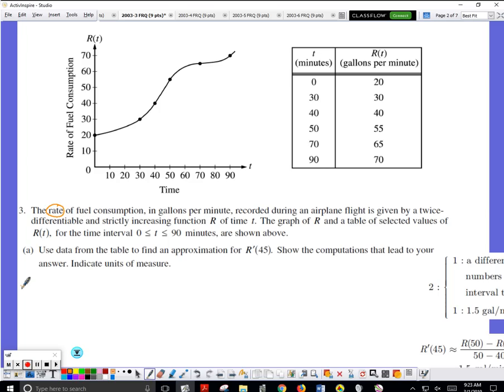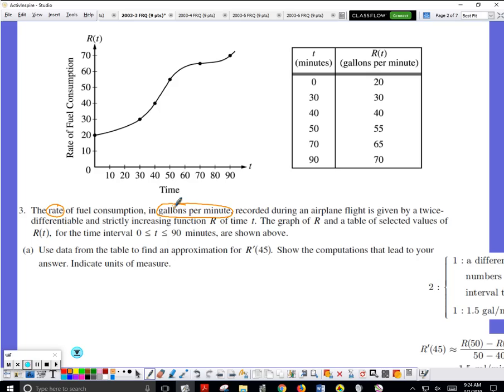Gallons per minute. It's given by a twice differentiable function. The word twice differentiable shows up in a lot of AP problems. Most of the time I don't need that clue. It's not used, so I don't typically circle that one.